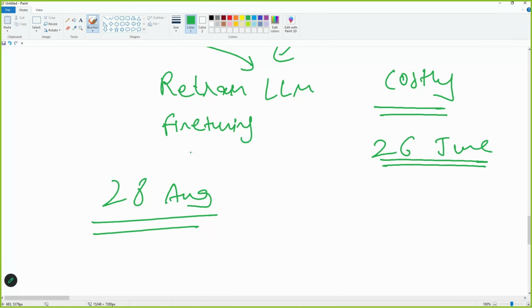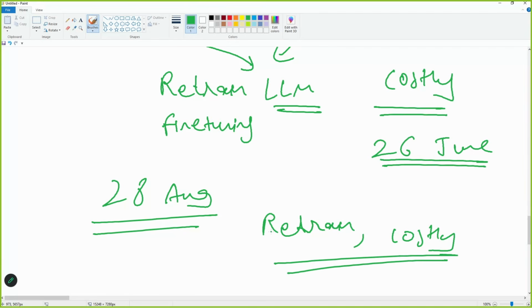And now, because this large language model is already trained, we cannot feed this extra information to it, because we would have to retrain again, and again it is costly. And there is a high chance that in the process of retraining it can lose the previous information and work better on the latest information. This is a very huge problem, right?